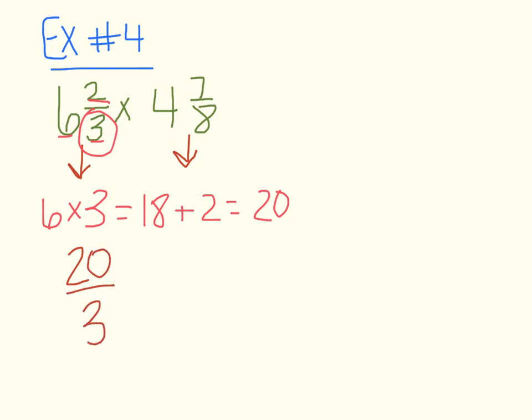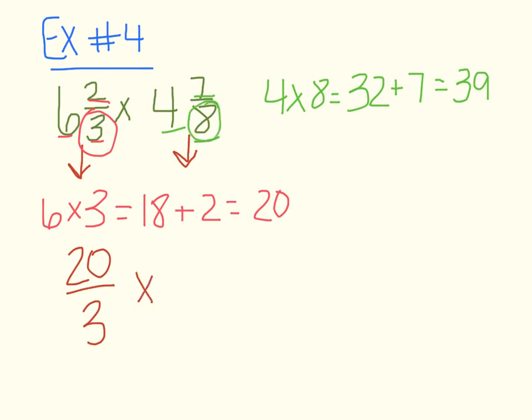And then my second mixed number, I do 4 times 8 equals 32, plus my numerator, which is 7, equals 39, and I keep my denominator, which is 8. So I have 39/8.